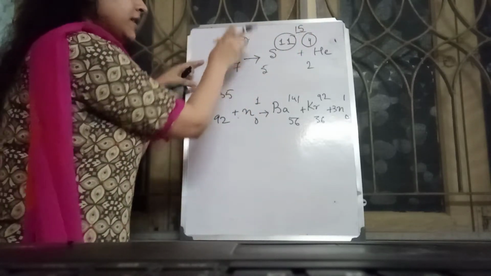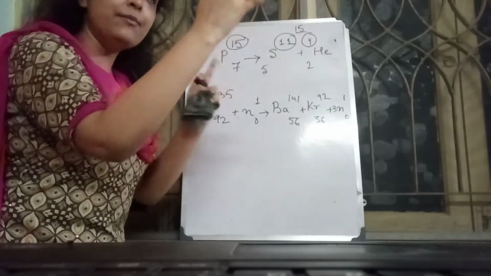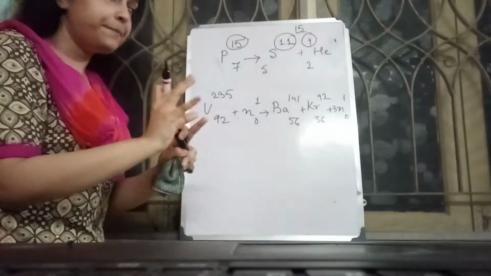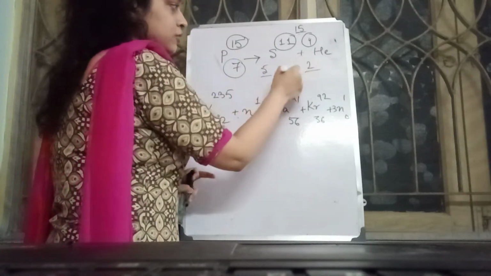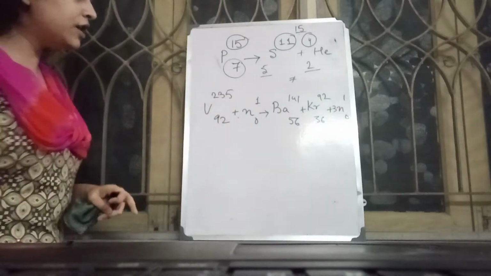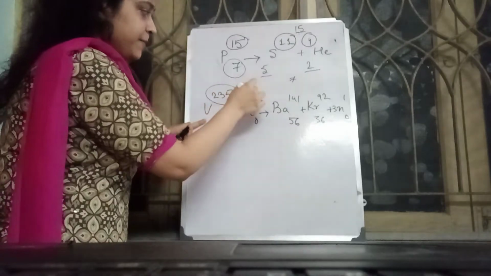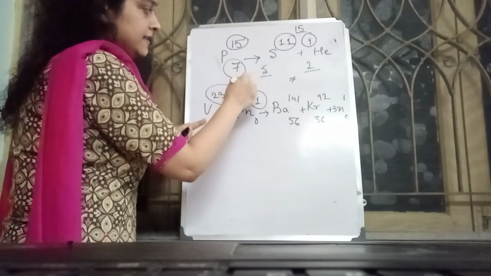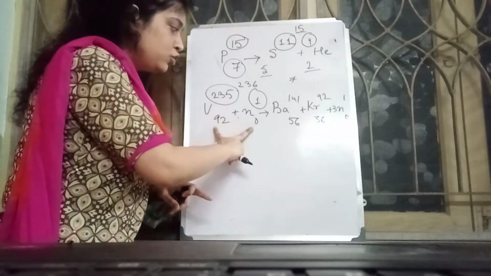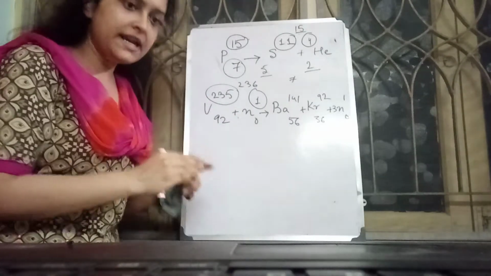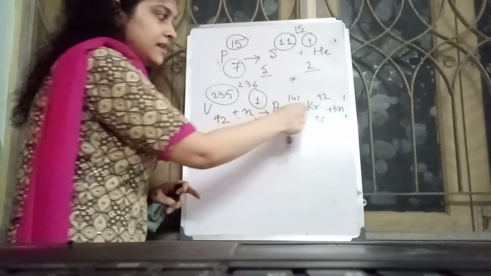Before the reaction, whatever is the mass number, after the reaction the total sum of the mass numbers is the same. Atomic number 7, 5 plus 2, 7. See this one, you have 235 plus 1. How much? 236 is the total mass number of the two reactants before the reaction. After the reaction, these are the products.